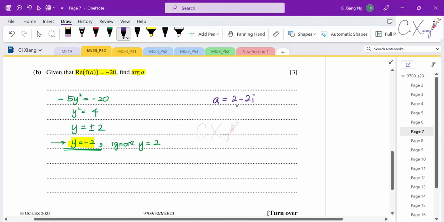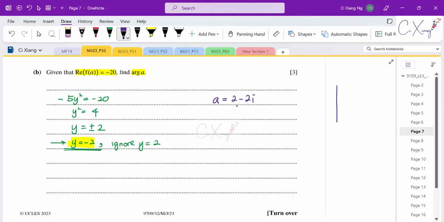To find the argument of a, maybe you can try to imagine where your complex number a is. a is 2 and negative 2. So this is 2, this is negative 2, and this will be your argument of a. To get this argument, I will apply the formula. I will try to find the basic angle first.